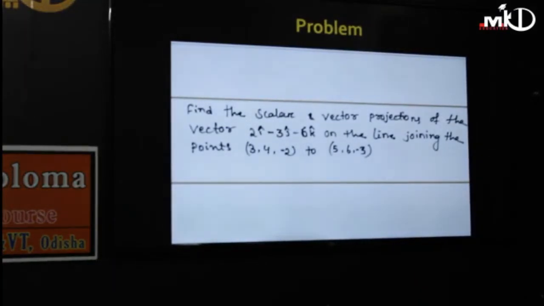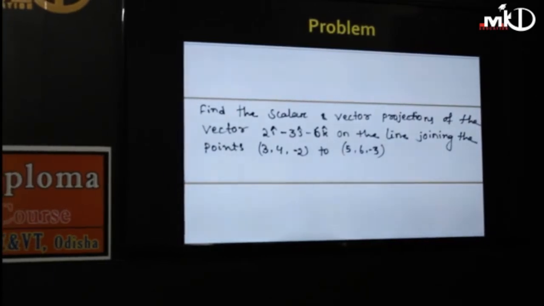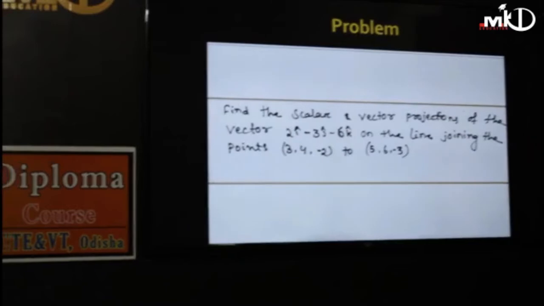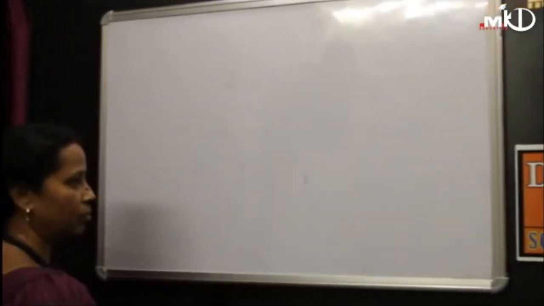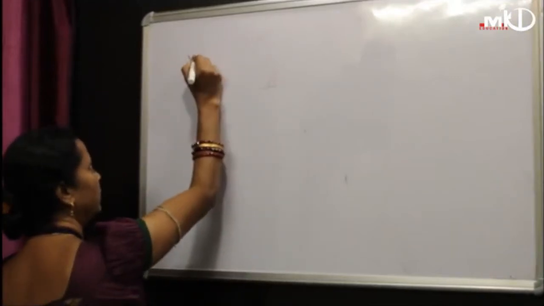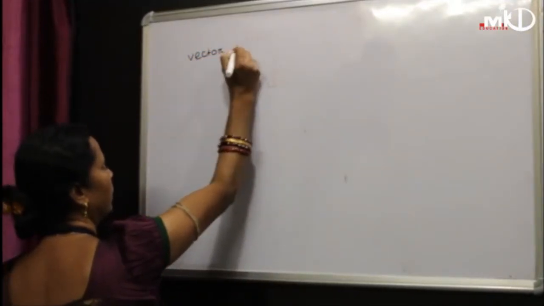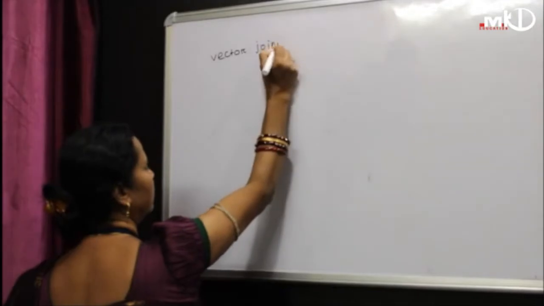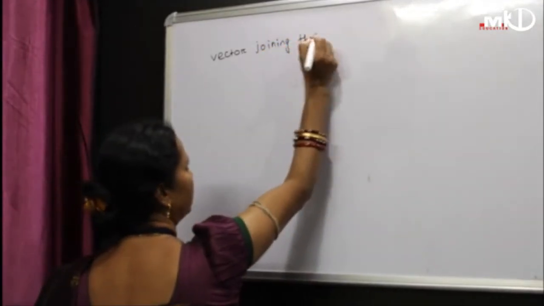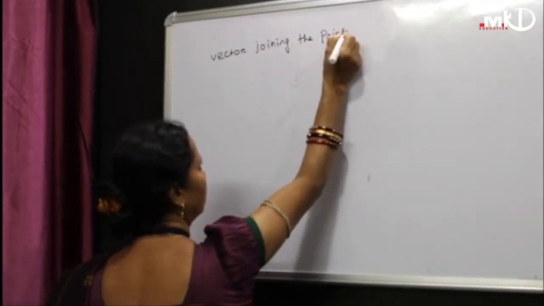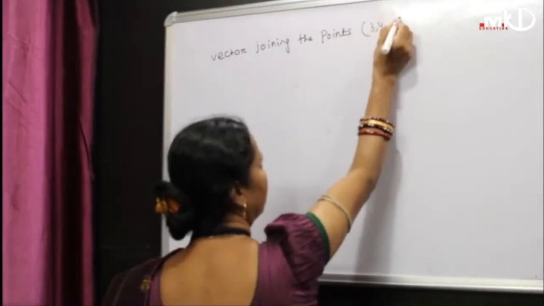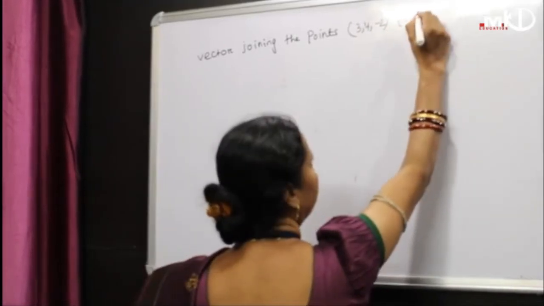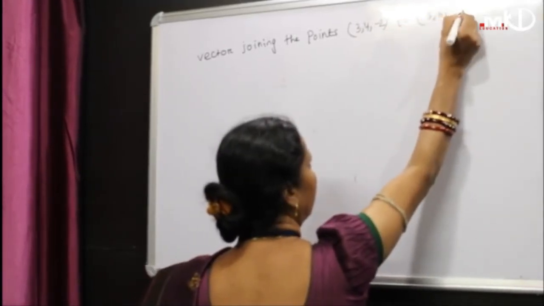So first, friends, we find the vector joining the points 3, 4, minus 2 and 5, 6, minus 3.